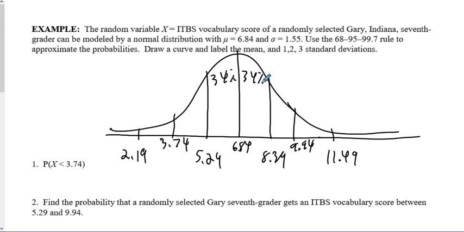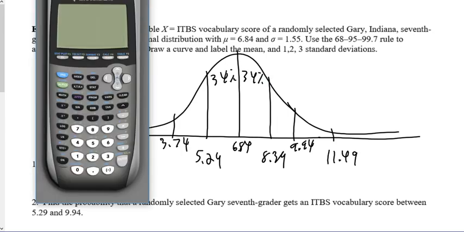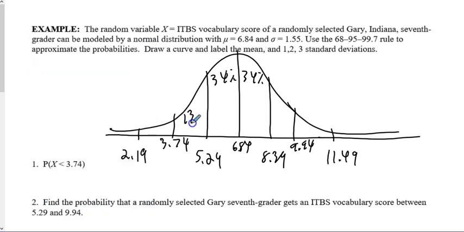Now, between plus and minus 2 is 95%. Okay? Well, we just take our calculator and we do 95 minus 68. That tells us there's 27 left over, divided left and right side. So that's 13.5% here and 13.5% here.